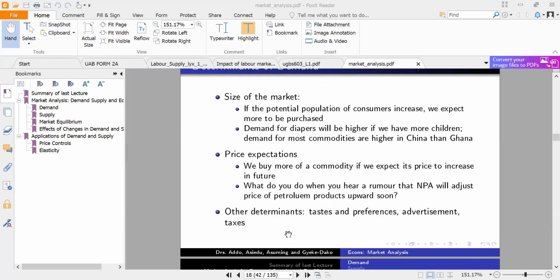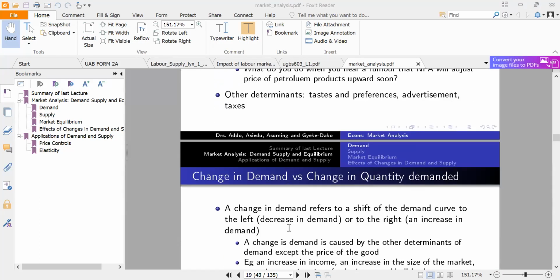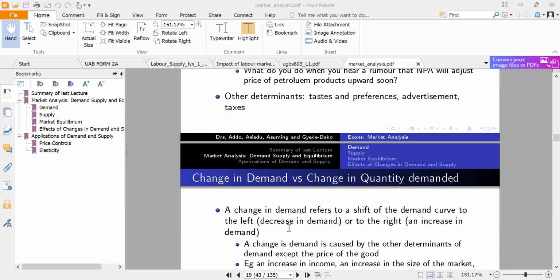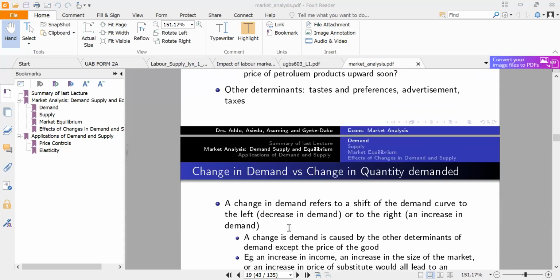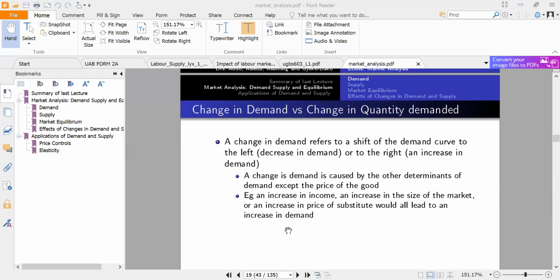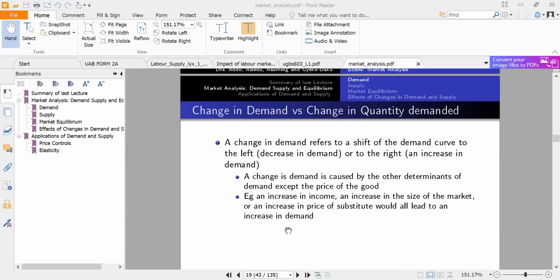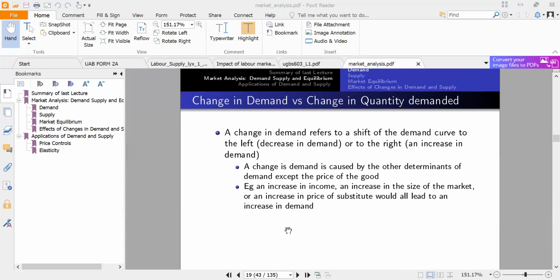Demand for nose masks. You are expecting schools to be reopened and therefore you buy more. And you can see the market conditions already. As you are demanding more, the price is rising. So that summarizes the key factors that impact the demand for a product.